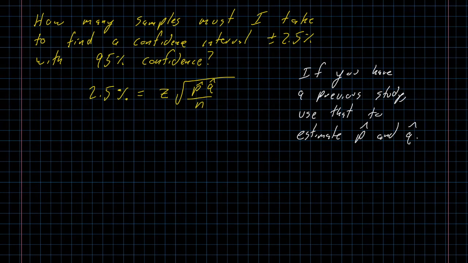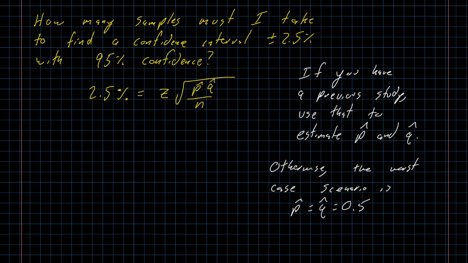If you don't have a previous study, the absolute largest number you can get out of p hat times q hat comes when p hat and q hat are both 0.5.